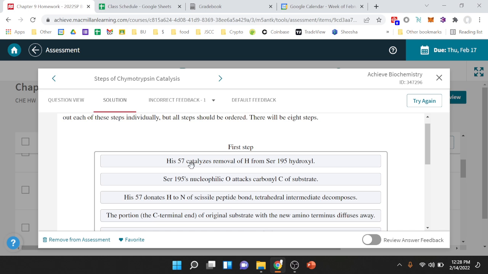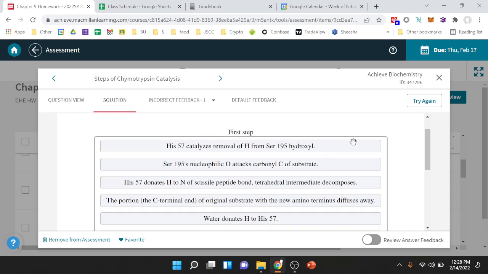Again, you do need some level of memorization to get through this. You could logic it out, it's just going to take so much work that's not worth it, okay? By the time you get done with this, you could have done 5 other questions, right? Okay. So, His 57 donates H to N of the scissile peptide bond.